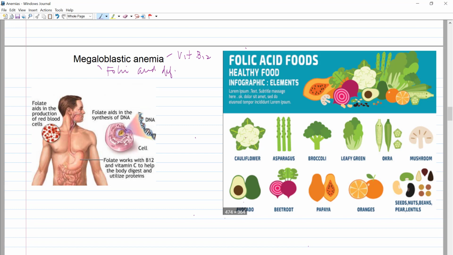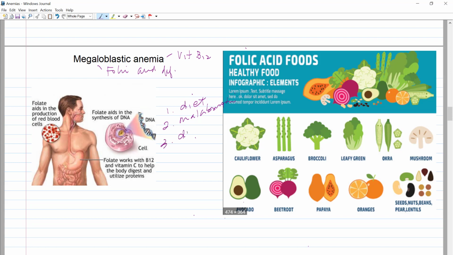Okay. And the most common cause of folic acid deficiency is the diet. So it's like IDA, right? So it's the diet. What else? Diet, any malabsorption syndrome, any drugs that interfere with the absorption of the folic acid.